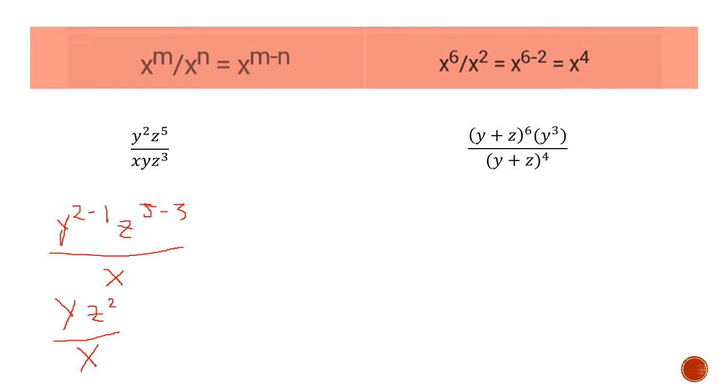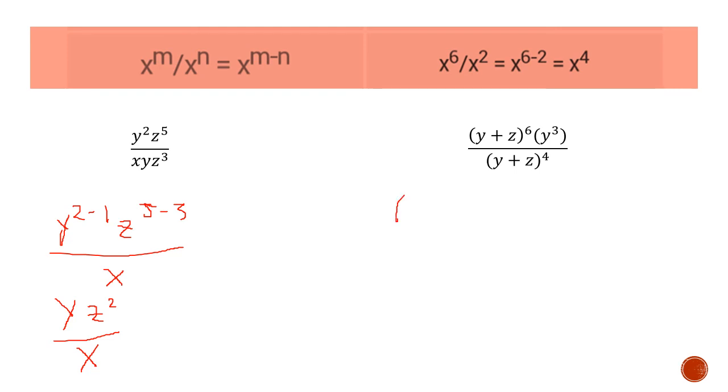Let's get another example. So, papansinin natin dito, we have binomials na kung saan naka-raise sa exponents. So, ito, yung y plus z, ito y plus z rin. So, ito, naka-raise siya sa 6, ito naka-raise sa 4. So, dahil pareho lang naman sila, maaari na natin silang i-minus.